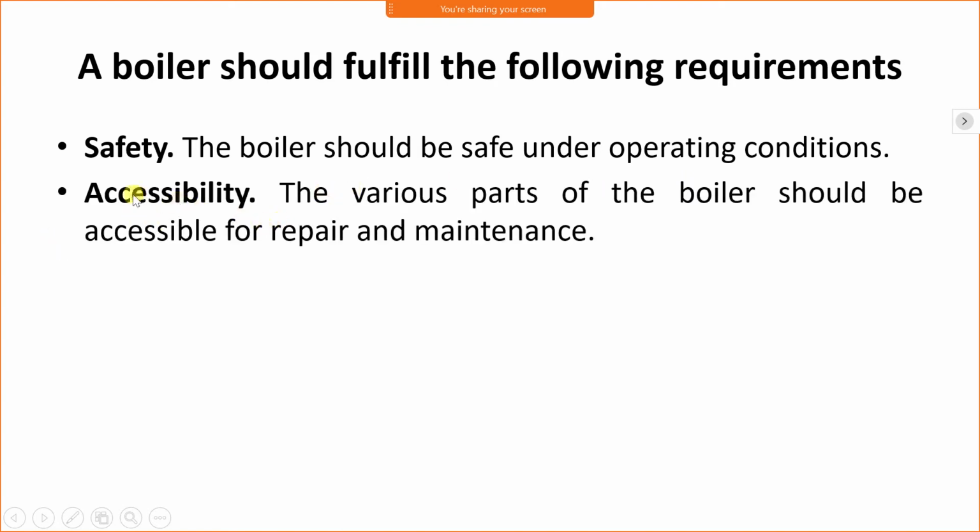Accessibility. Accessibility means the various parts of the boiler should be accessible for repair and maintenance. Repairing and maintenance of the boiler should be possible. It should not be that if there is a fault in the boiler you have to replace the boiler. If any one system of the boiler is not working properly, then it needs to be repaired or undergo maintenance.